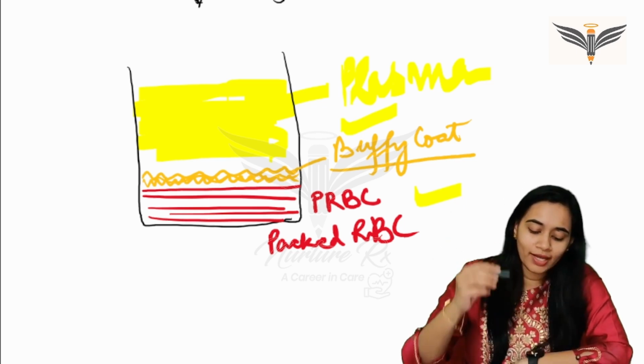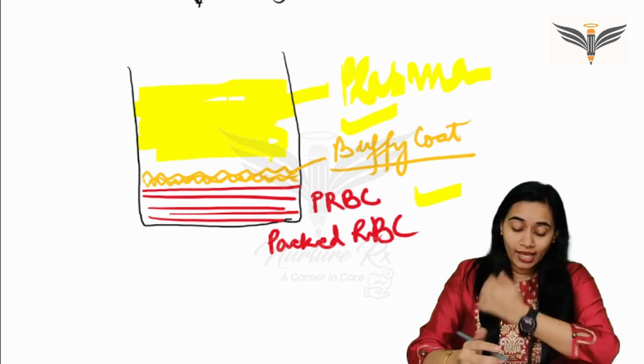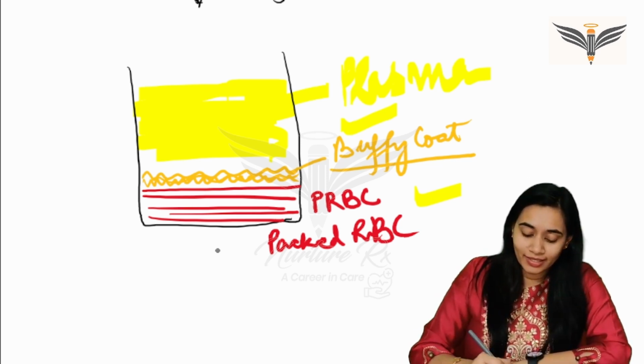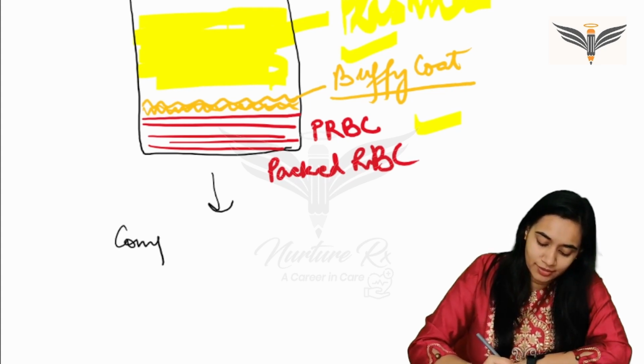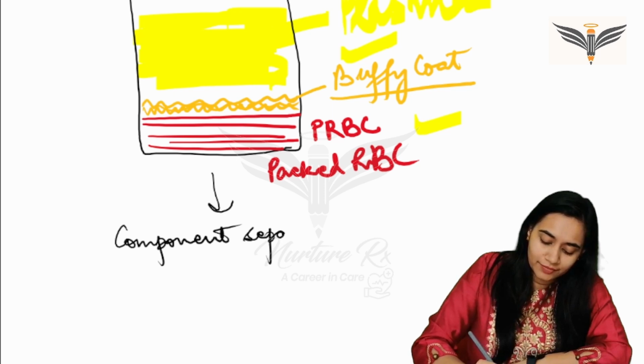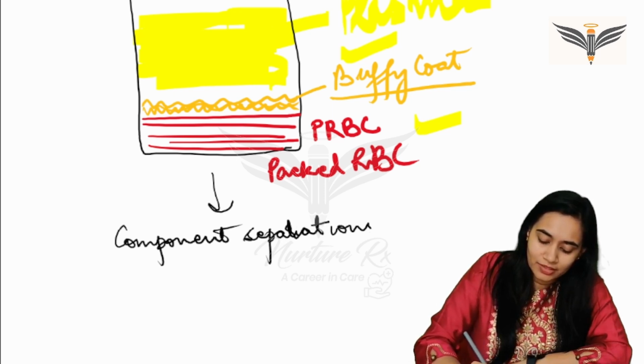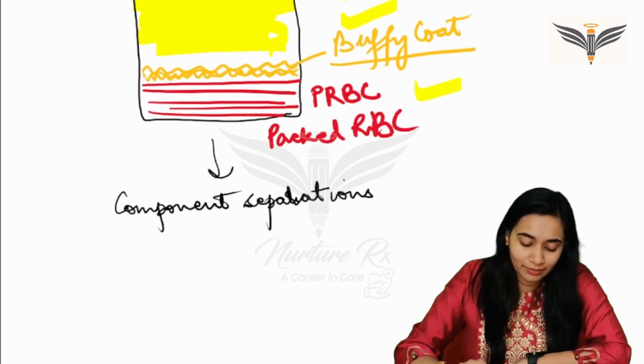Okay. Now what happens is, now we have this. Now once this bag is ready, we do component separation. How is component separation done? Either by automated separators or by manual component separators.